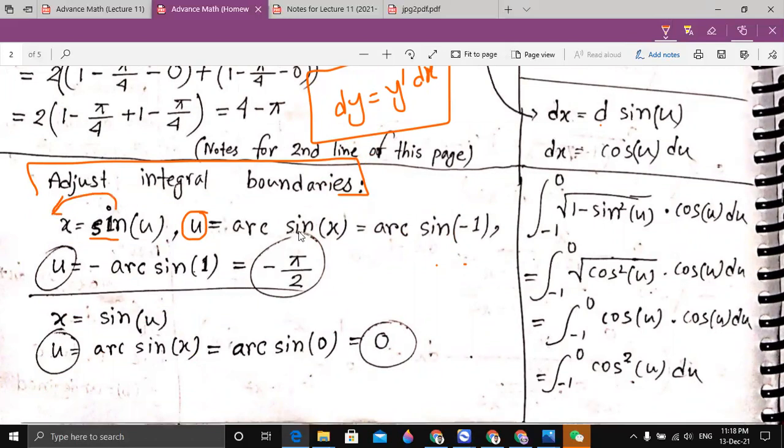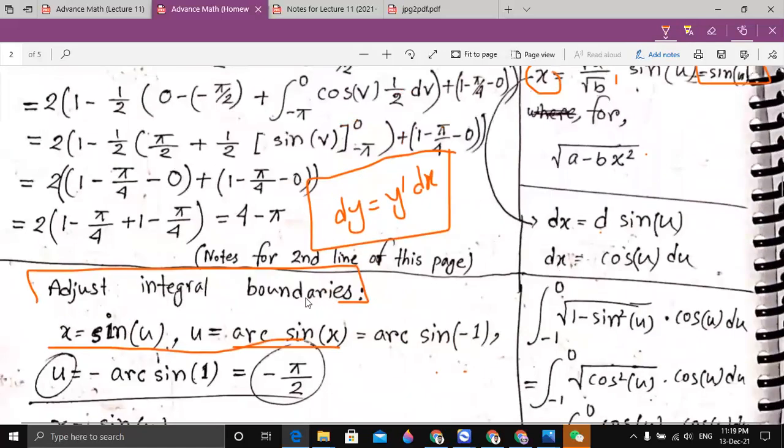It will become arc sin x. And we had x here, so u is equal to arc sine x. So is that clear?